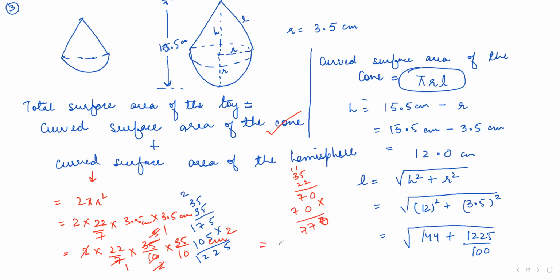So I'm getting 770 divided by 10. So this goes, so 77 centimeters square I'm getting as the area. Please do your calculations and obtain this.